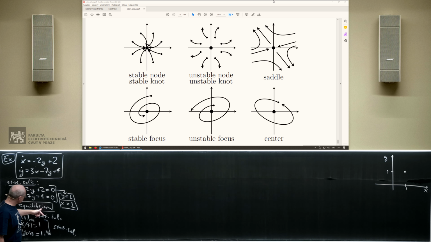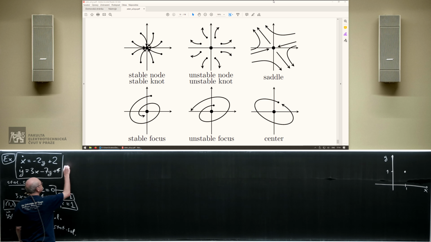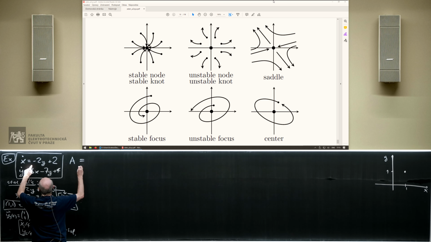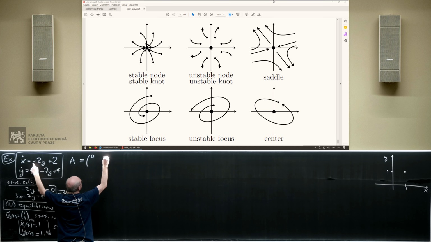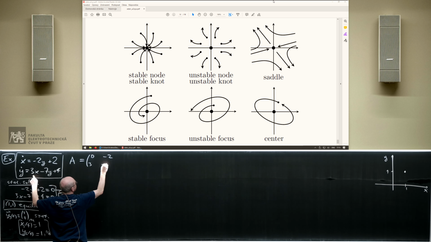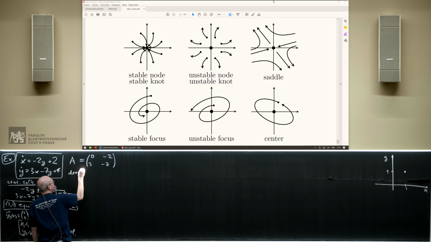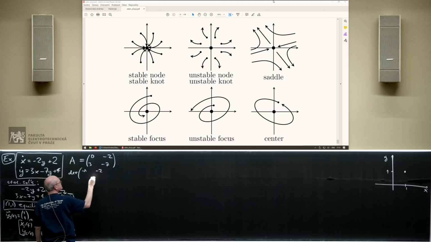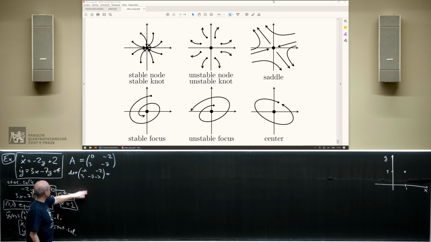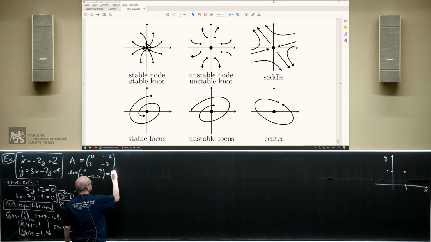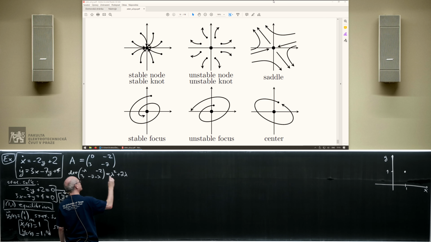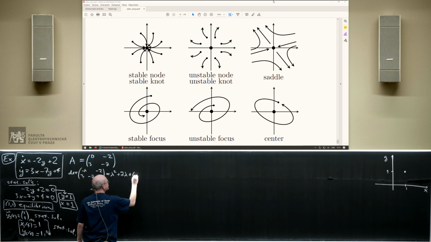Now, classification. Classification needs to know the matrix of the system. What is the matrix of the system? It's actually 0, -2, 3, -7. Now we find the determinant of minus lambda, -2, 3, -7 minus lambda, which is essentially lambda squared plus 7 lambda plus 6, and this is perhaps 0.